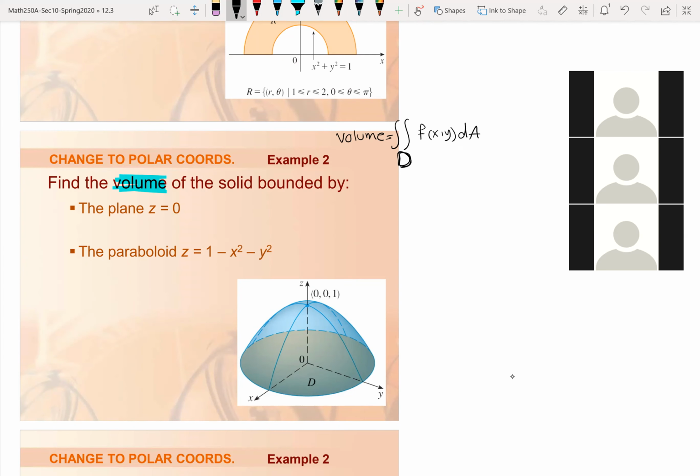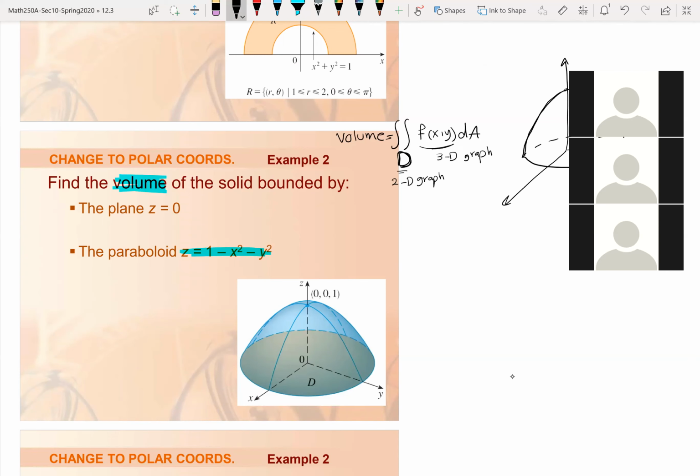So for volume, you have to have one three-dimensional graph that gives you the integrand, and then you have to have one two-dimensional graph that gives you the limits of integration, okay? So for this one, I'm just going to, again, start to graph it from the beginning. This is going to be your paraboloid right over here, which is just an upside down paraboloid.